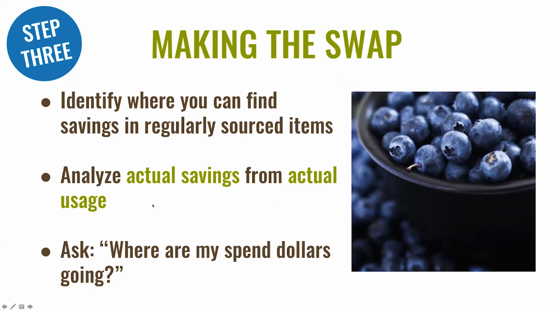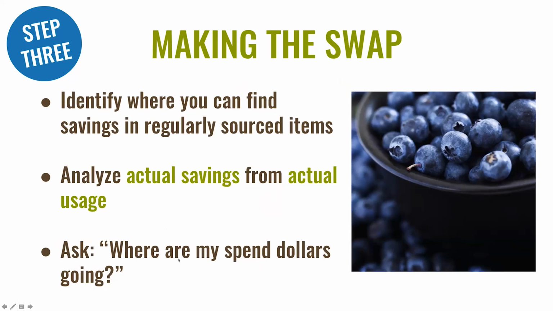Just like in any other financial accounting practices, when we're beginning to make financial decisions on our forecasted shifts, we want to make sure that the actual savings is present with that. And one of the last questions that I like to ask myself when switching from a commodity product to a local product is, where are my dollars going?